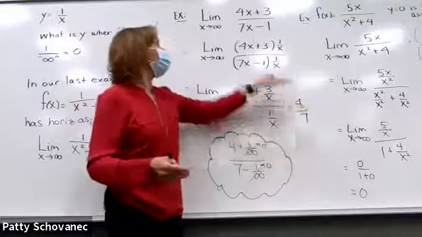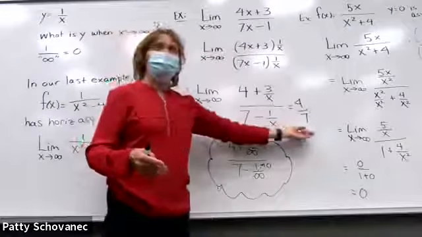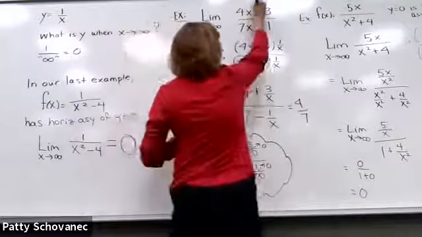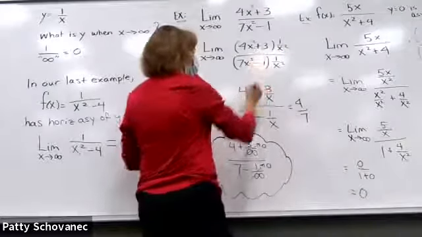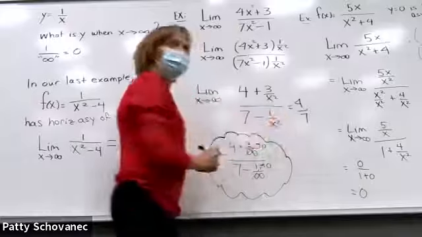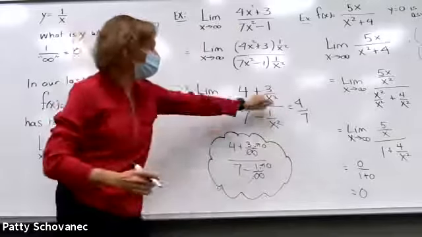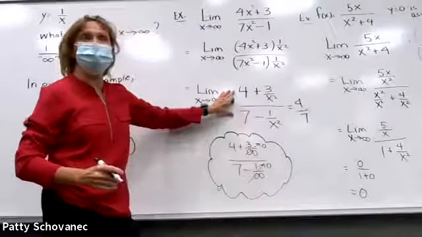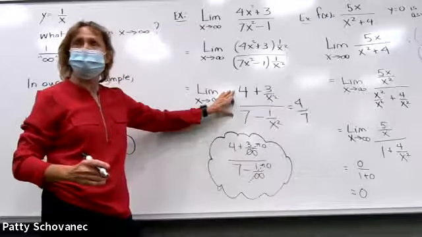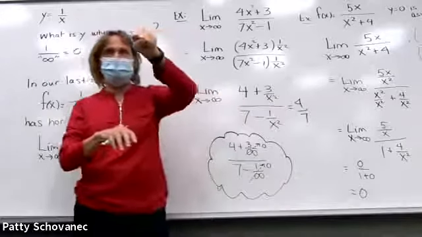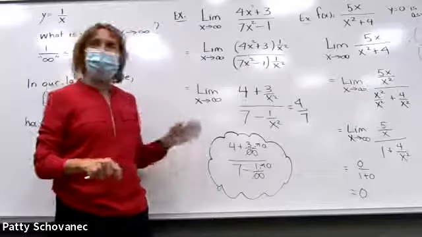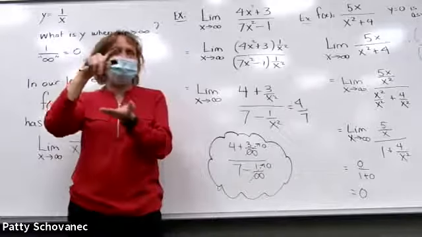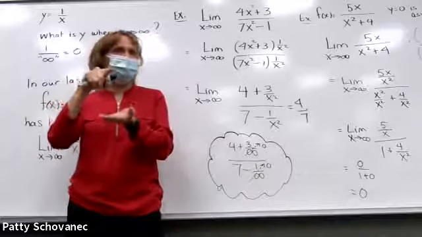Where these numbers come from, right? If these were x squareds, I'd have x squareds here. And the same deal happens. The lower degree terms vanish. What's left are the numbers in front of the same power of x. So if the degree on top is equal to the degree on the bottom, this limit should always give us the ratio of the coefficients of the highest powers of x.